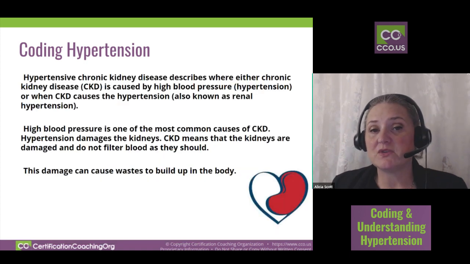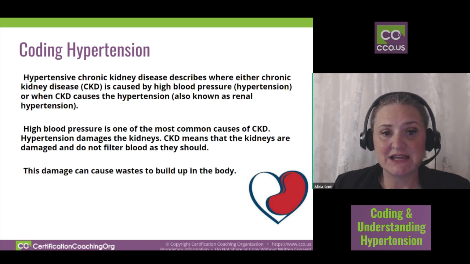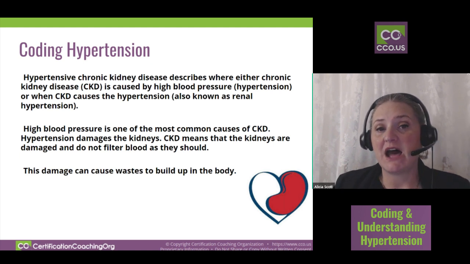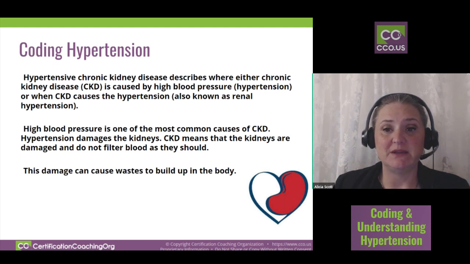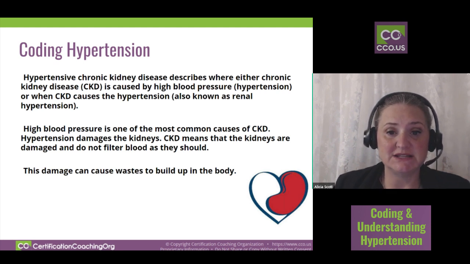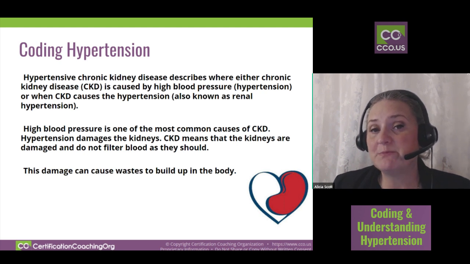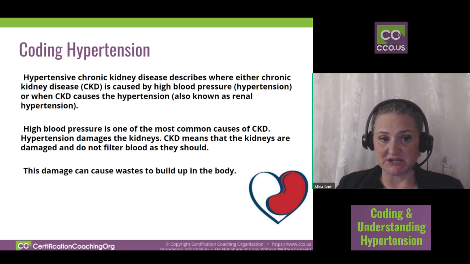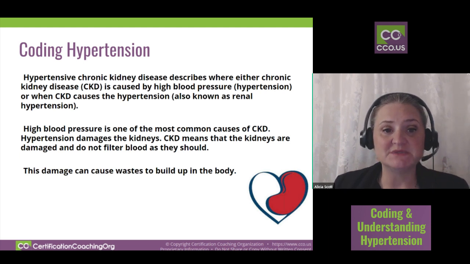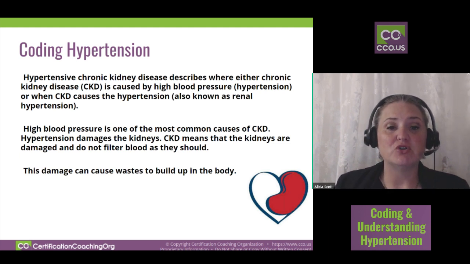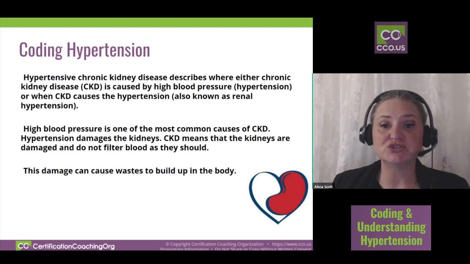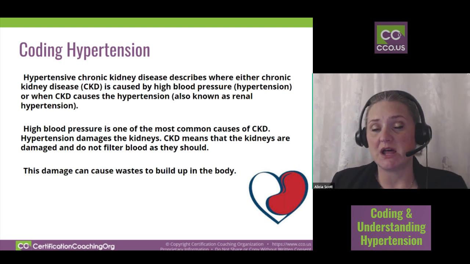More about the coding guidelines: hypertensive chronic kidney disease is either going to be chronic kidney disease, CKD, that's being caused by the hypertension, or sometimes it's CKD that causes the hypertension, also known as renal hypertension.